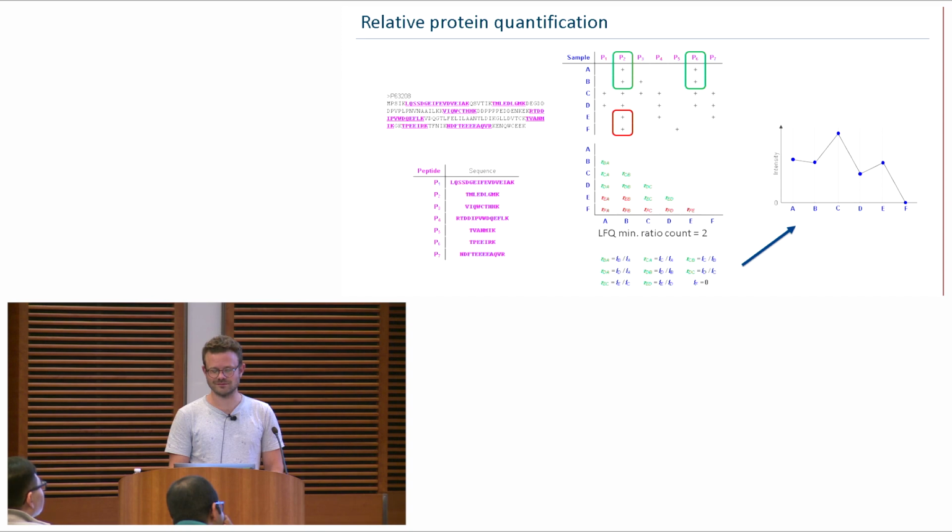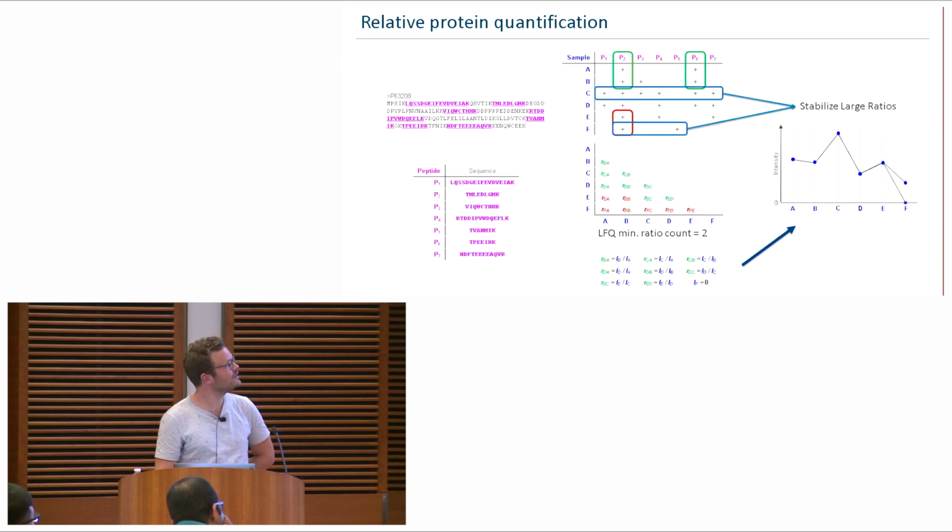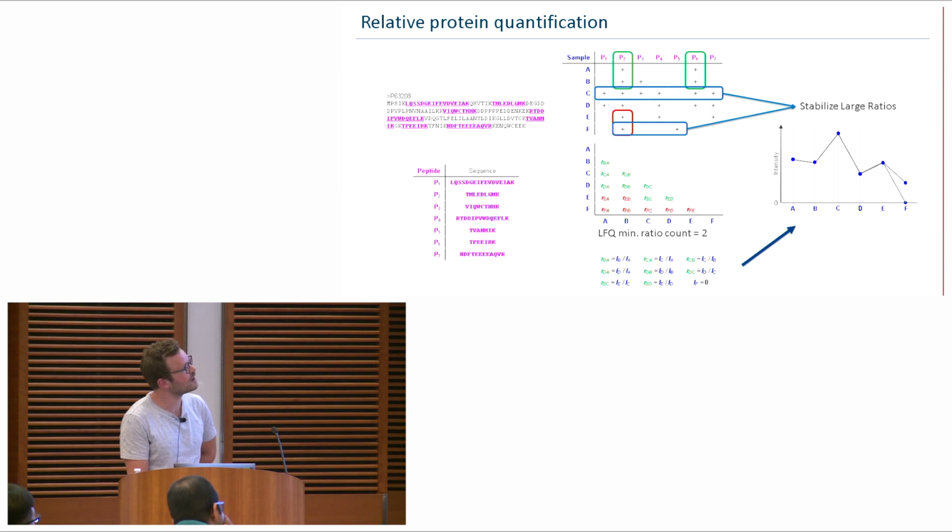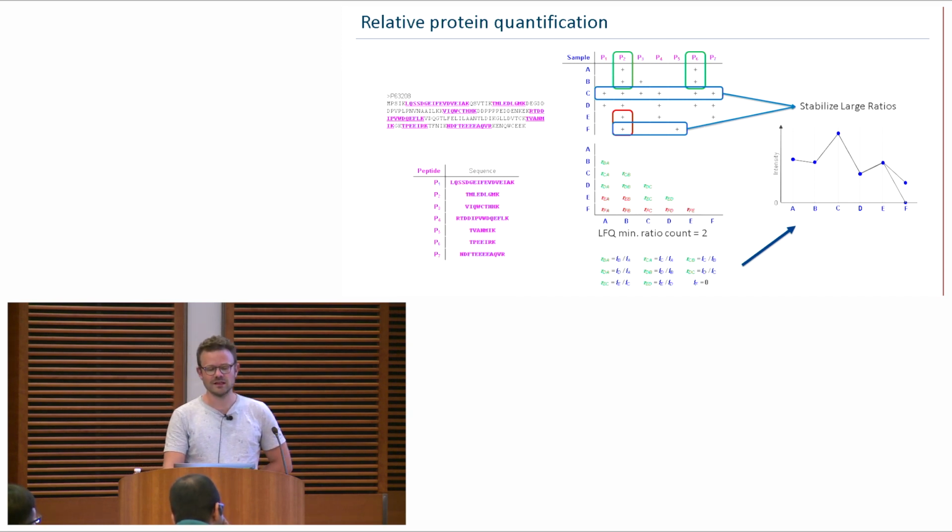Very nice. But there's still this sample F, right? There's a 0, and probably this value can be rescued. There is a possibility which is called stabilized large ratios. In this case, the overall intensities of the peptides in every sample are summed up, and the ratio of this is taken.